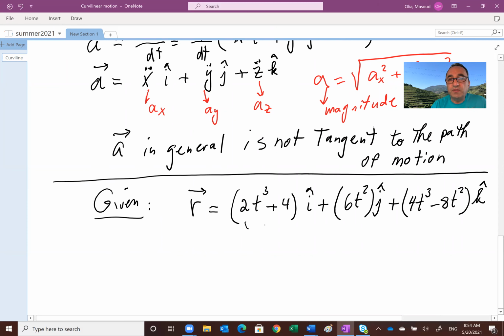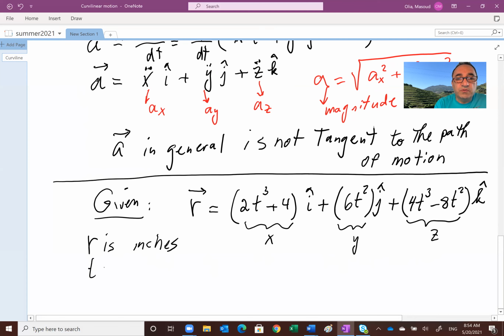Okay, so basically this is the x, this is the y, and this is the z. Let's say r is in inches in terms of unit, and t obviously is in seconds.